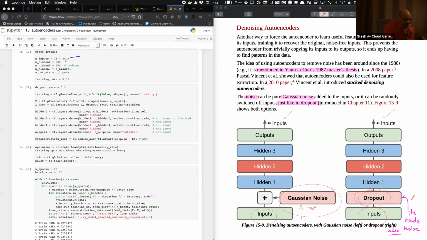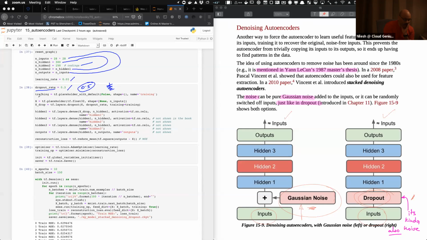Again, inputs, hidden 1, hidden 2, matching the input, and our learning rate and dropout rate. Usually we have seen 0.5 dropout rate, but that's just any number you can choose. Of course, don't use the number 1 because it will drop everything. That will be a bad idea. So 1 is not a good idea, but anything less than 1 is an okay number to use.